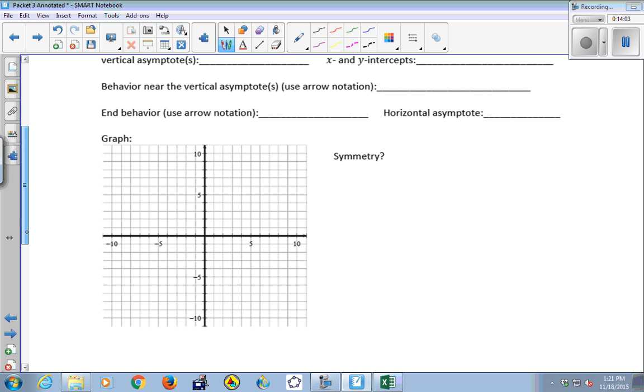So that means that my vertical asymptote that used to be at 0, now it's going to be at 5. Everything else stays the same. Shape and everything looks exactly the same. So it looks something like this.